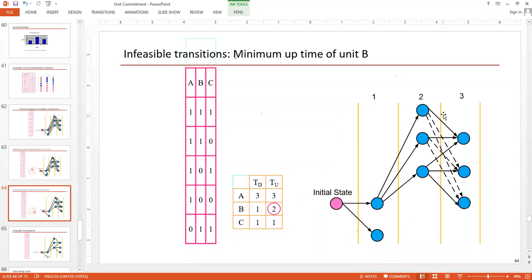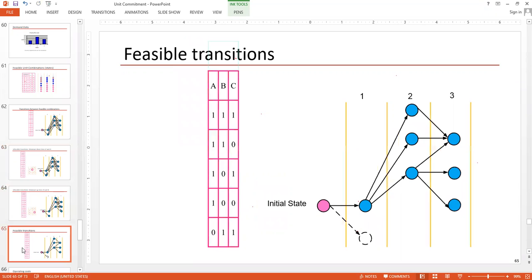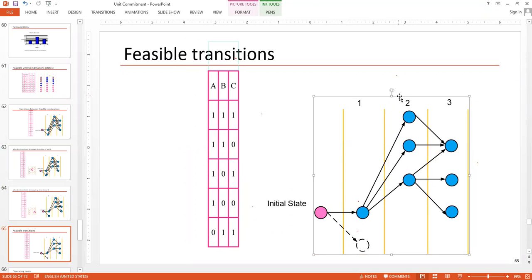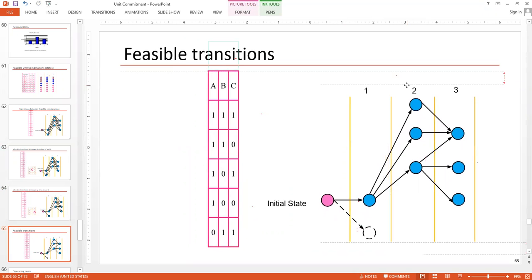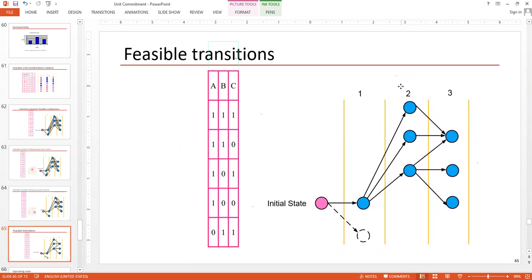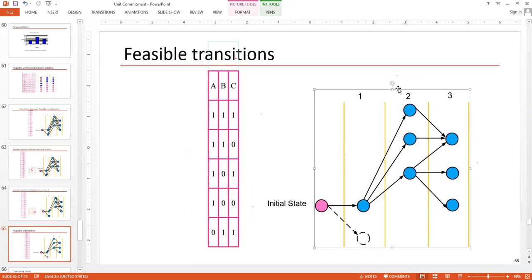Now we will also get rid of all these dashed lines. And then when we move to this slide, you see this node becomes a dead node. The transition from here to here cannot be continued. So we can say this is a dead node. There is no point of continuing with that node.